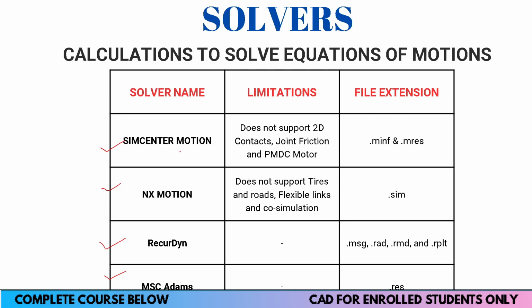SimCenter has some limitation that it doesn't support 2D contact and joint friction is also not available. And if you see the file extension of this, this would be .mres or .minf, right? And what PMDC motor here means, I think it stands for permanent magnet direct current motor, which is also used in simulation, although we are not going to use it. So this solver doesn't support these things.